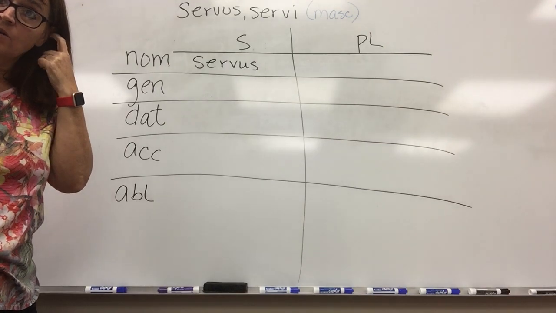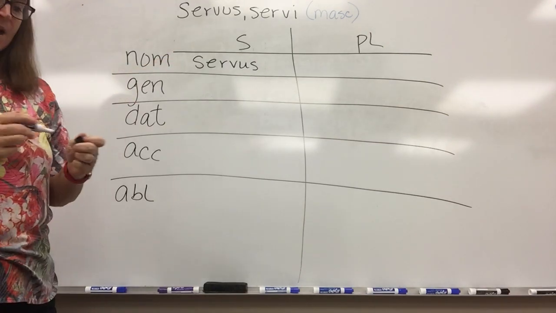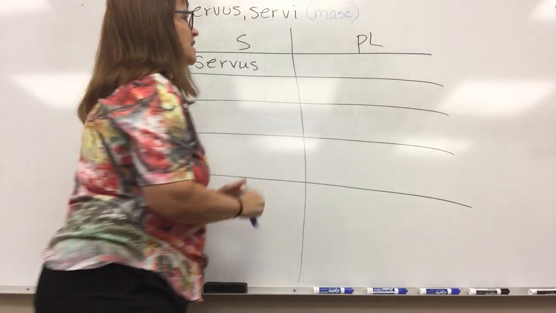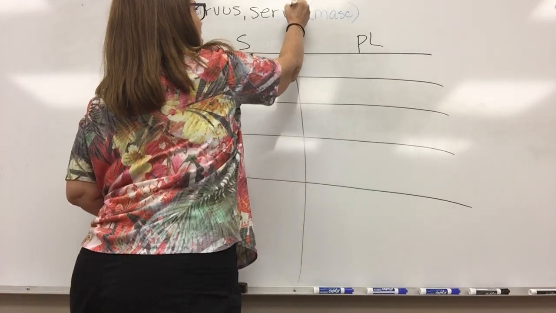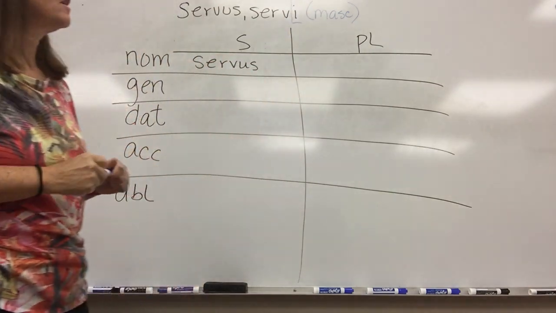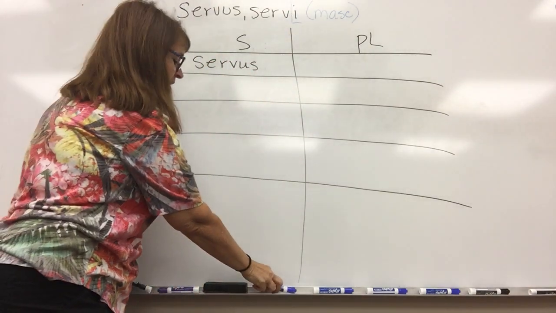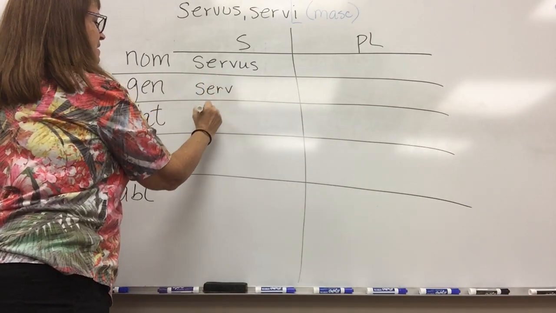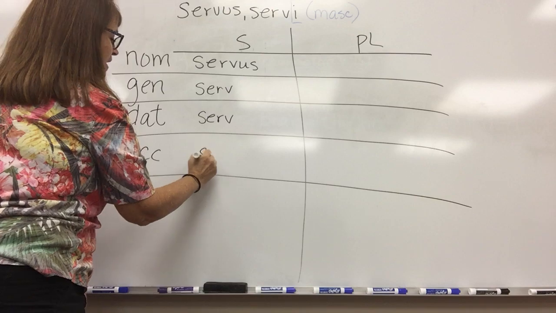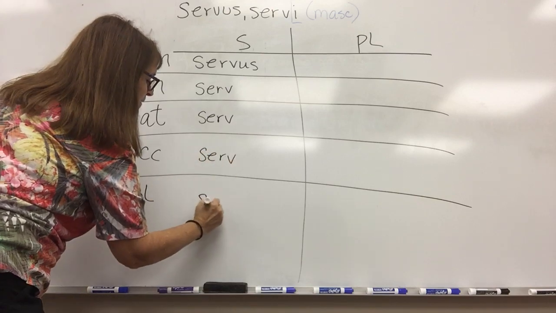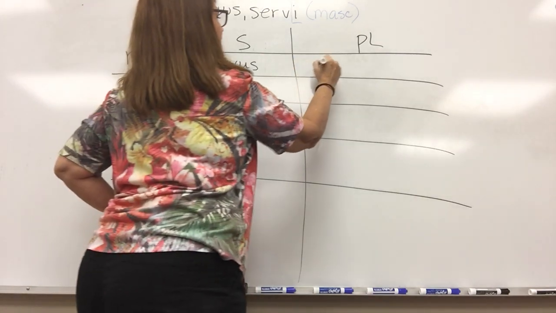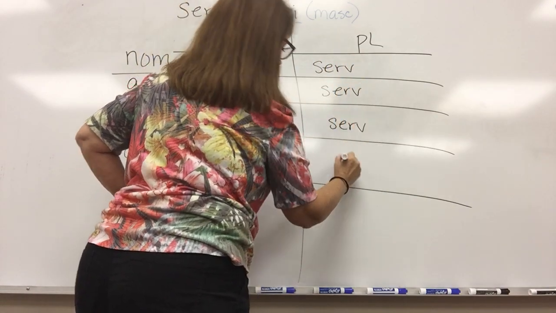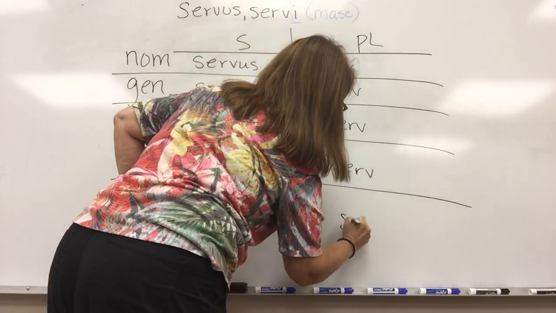Okay? There you go. Then we find our stem by dropping off the genitive singular ending. So I'm going to drop off the I, which is our genitive singular ending, to give me the stem for this noun, serv. It looks like serv. Okay, serv, serv, serv, serv, and serv.